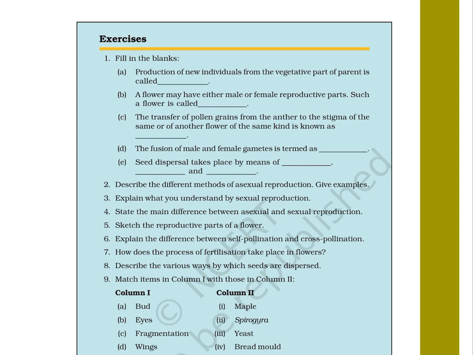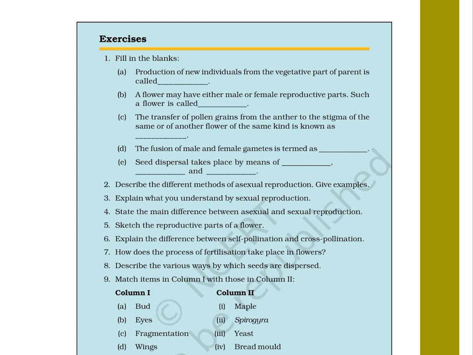C. The transfer of pollen grains from the anther to the stigma of the same or of another flower of the same kind is known as blank. D. The fusion of male and female gametes is termed as blank. E. Seed dispersal takes place by means of blank, blank, and blank.